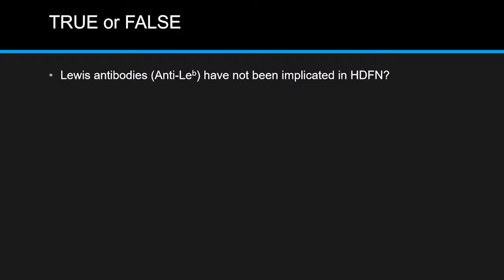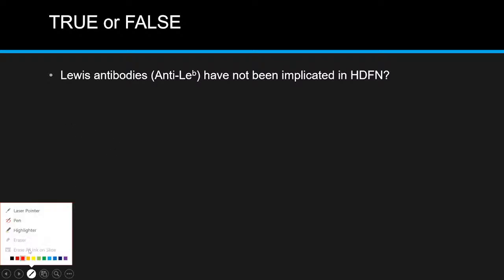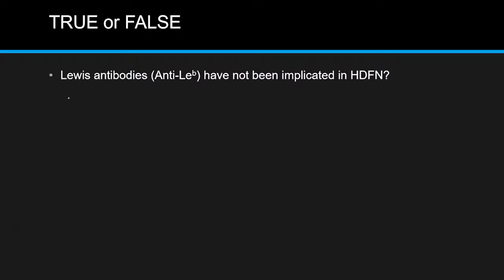Earl said true. Okay. Germaniana said true also. Think, guys. Think about the aforementioned descriptions of Lewis antibodies. What are they? What's the immunoglobulin class of this one? And based on that one, why do you think it will not be implicated in HDFN?